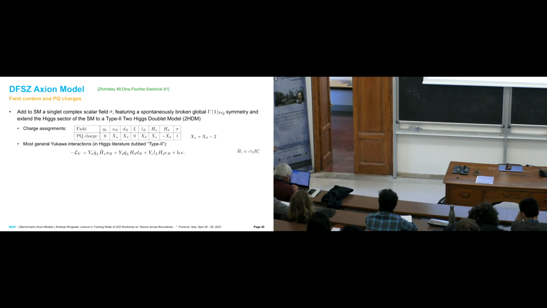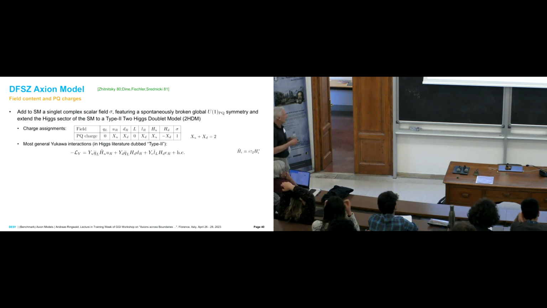If you have this kind of charge assignment, then the right-handed up quarks couple only to the Higgs doublet with the index U, and the right-handed down quarks couple to the Higgs doublet D. Which means essentially that after symmetry breaking, the up quarks get their masses by the VEV of this H_U, and the down quarks get their mass by the doublet H_D.